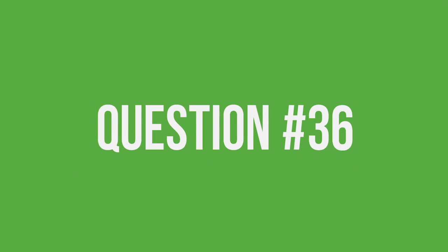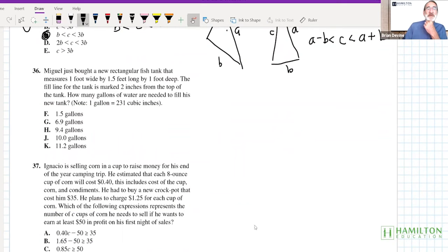For number 36, Miguel just bought a new rectangular fish tank. That's a foot wide, so 12 inches, 1.5 feet deep, so that's 18 inches. And he's going to fill it to 10 inches, 2 inches less than a foot deep.